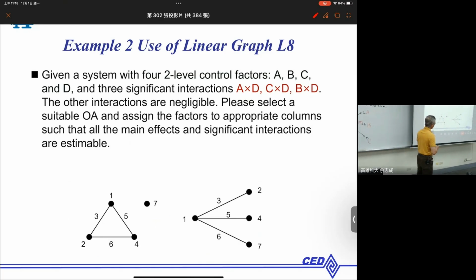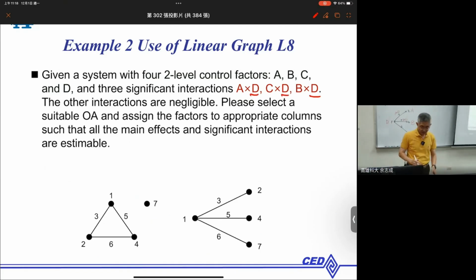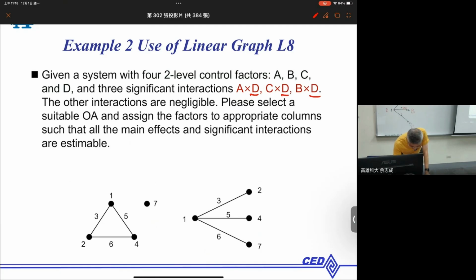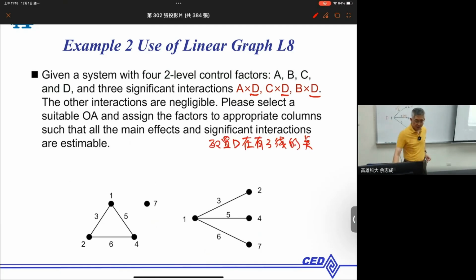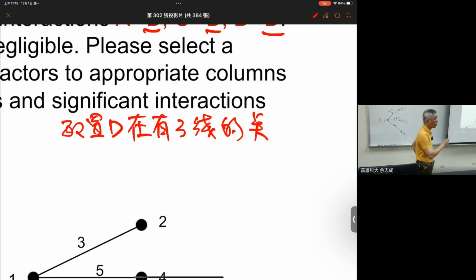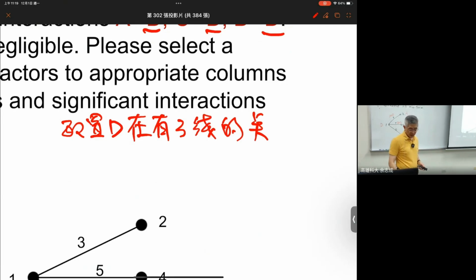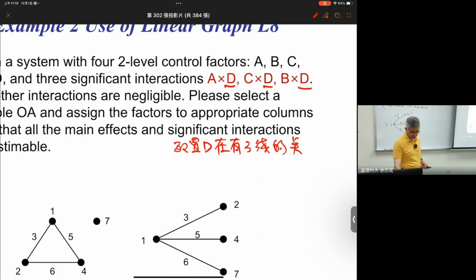But look into the interactions more deeply: AD, CD, BD. D happened 3 times, so you need to assign D to a dot that has 3 lines, because you need to consider 3 interactions all associated with factor D.